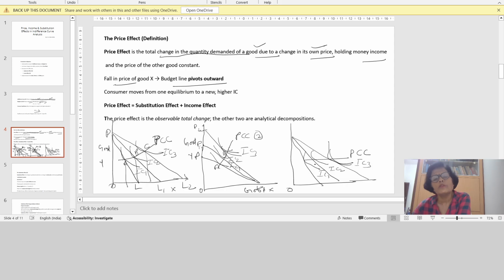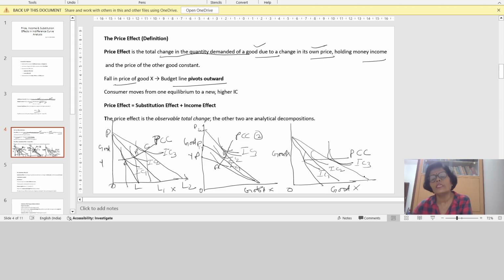Now see the third diagram here. The price consumption curve is a straight line. Here the price of commodity X is continuously decreasing, and the consumer is spending the whole increase in real income on commodity X, so the price consumption curve is a straight line.